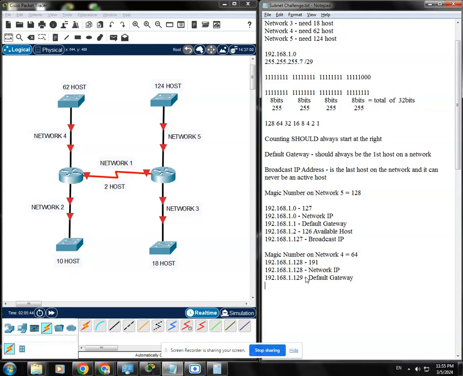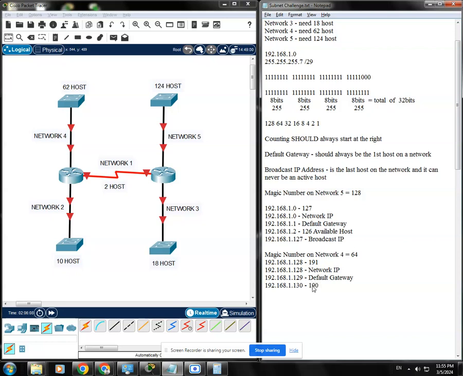Next we need to identify the available hosts. The available hosts will be 192.168.1.130 up to, well, we cannot use 191 because this is the broadcast IP address. So it will be 190.